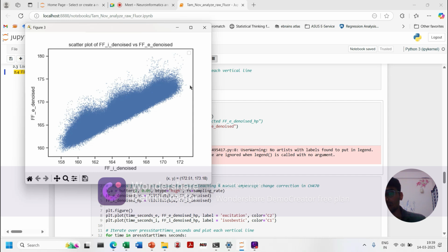Another point to note is that if you see, there is a line here, but there are a lot of positive values above that line. This is just from raw, denoised data visualization, that we can tell this. This is a known thing, that the dopamine rises positively more than it dips, like the peaks in dopamine are higher than the valleys that come up.